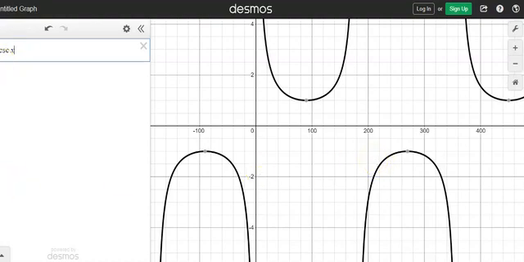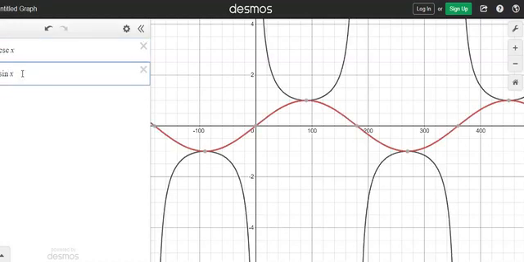Now the interesting thing, I think, is if we type in sine of x. That helps us put everything together. The big thing with this lesson is realizing where your asymptotes are. Your asymptotes are going to happen where your original sine function went through the x-axis.